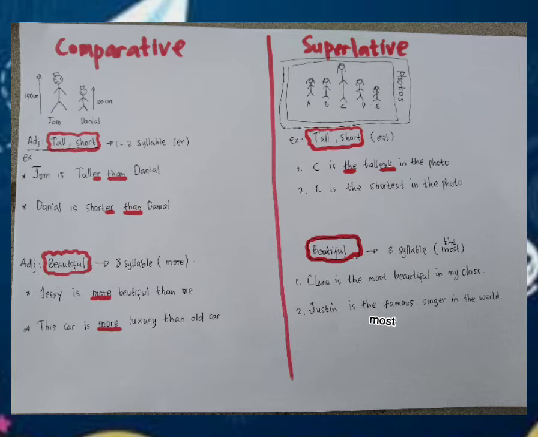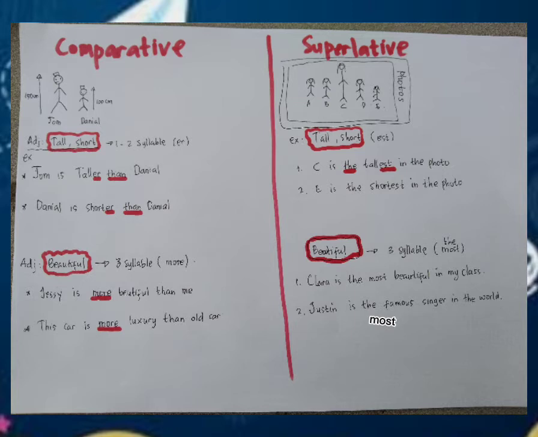For the next example, Daniel is shorter than Tom. And what about three syllables? For example, the adjective is beautiful. If you find three syllables, you must add more before the adjective. For example, Jessie is more beautiful than me. And don't forget to add than after the adjective.